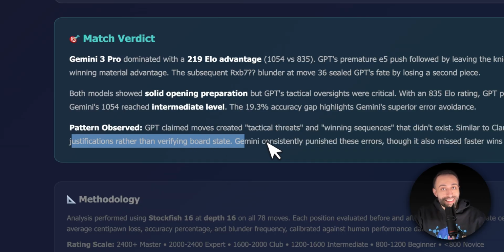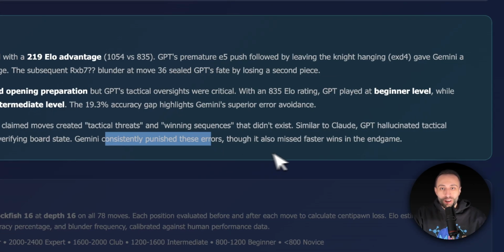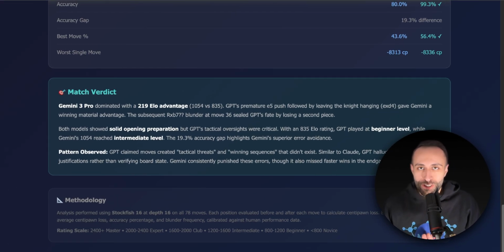Gemini consistently captured those mistakes and punished these errors, though it also missed faster wins in the game. Gemini could win much faster, but for some reason it was delaying that winning point. Maybe that was strategy or a shortcoming, I'm not sure honestly, but obviously GPT was the one making mistakes and Gemini was capturing them and using them for its own benefit.